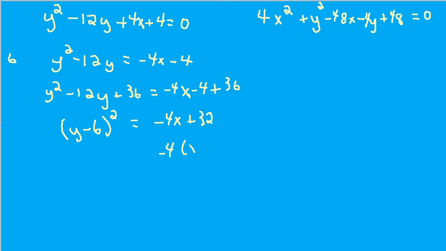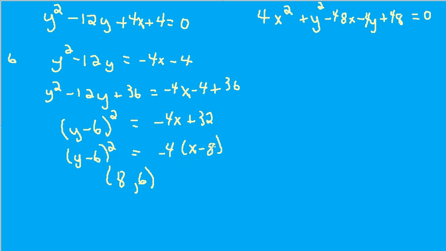You're left with x minus 8. And over here, you're left with y. Same thing, I'm just writing it down. Now it's in parabola form. You have a vertex, in this case, of 8, comma 6.